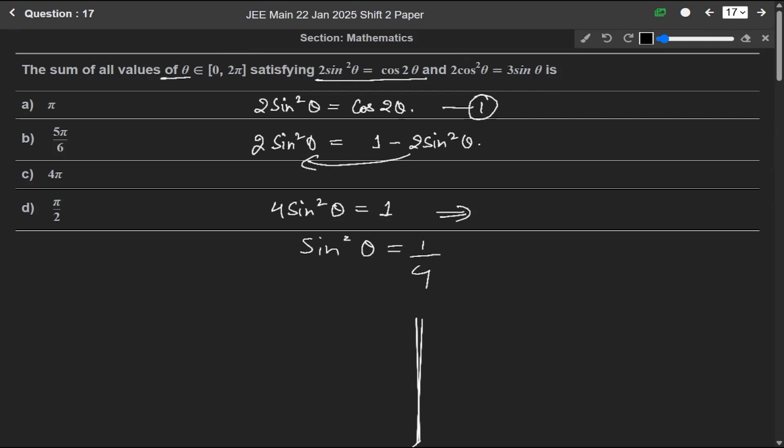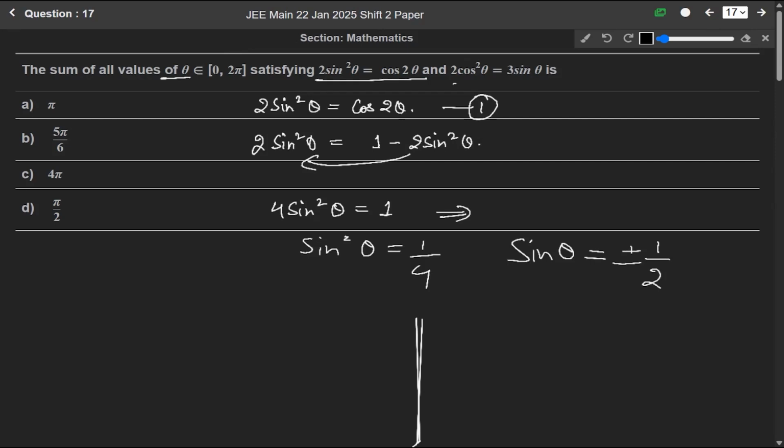Okay. So if sin square theta is equal to 1 over 4, we can write sin theta will be equal to plus minus 1 by 2. Okay.